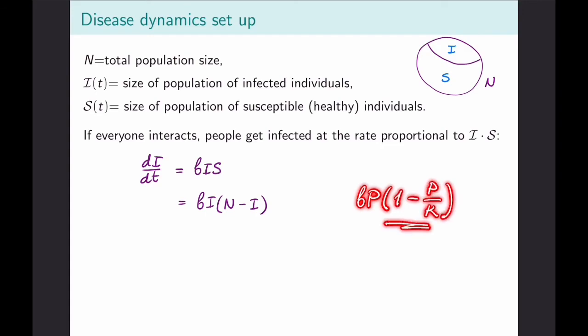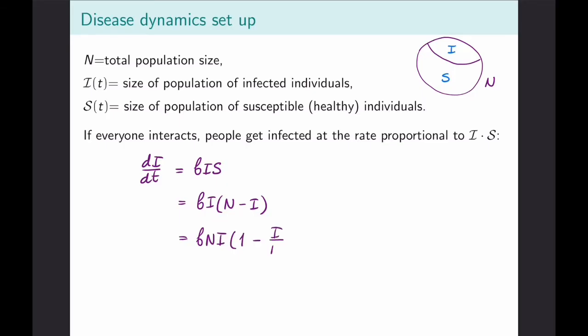So in order for me to get to the logistic model, notice that the biggest difference is the fact that in the logistic model, I have a 1 as the first term inside the bracket, and here I have an N. So all I'm going to do is factor out this N. So I'm going to take this out and then consider what is left in the bracket: 1 minus I over N. And this can, of course, be easily matched to my logistic growth model introduced a couple of slides earlier, where I can see that this is just a constant, and then this N is the carrying capacity.